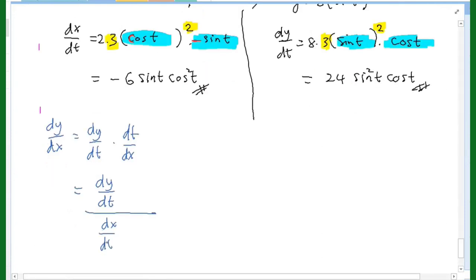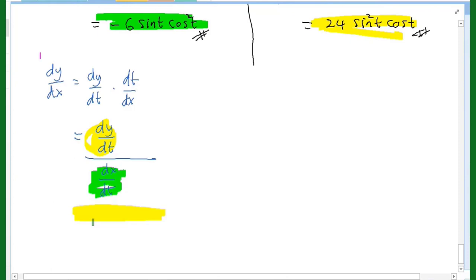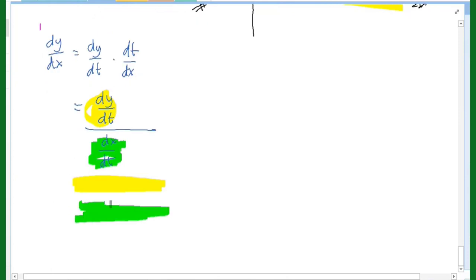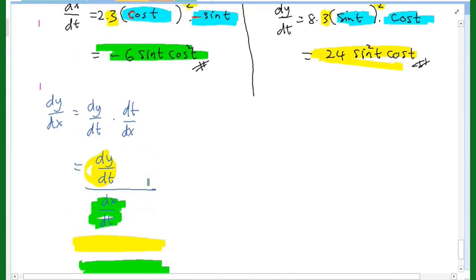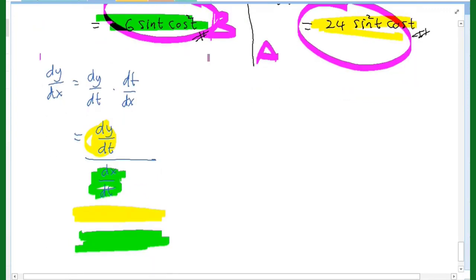This one is dy/dt and dx/dt. Remember, y over x, this is a over b. Easy, right?